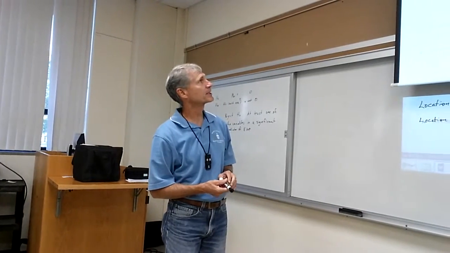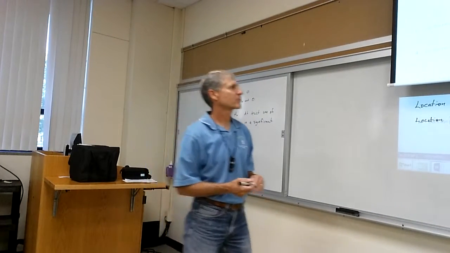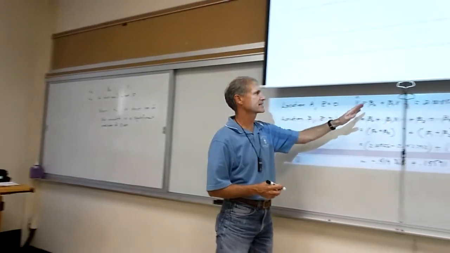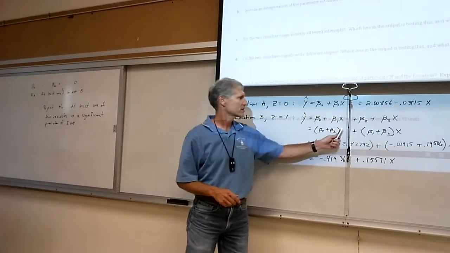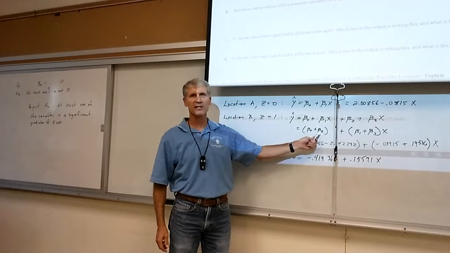Explain B real quick. Provide an interpretation for the parameters for z and xz. That's talking about the betas. So what is the interpretation of beta 2?